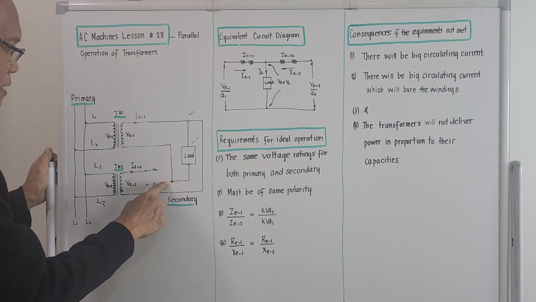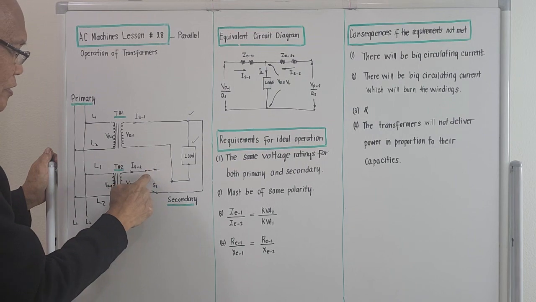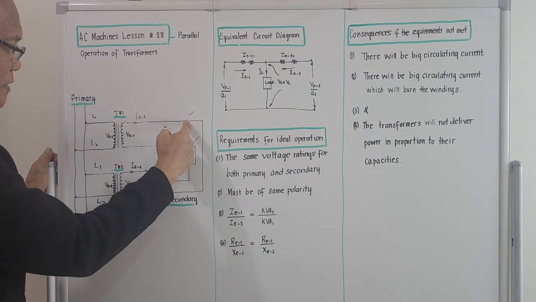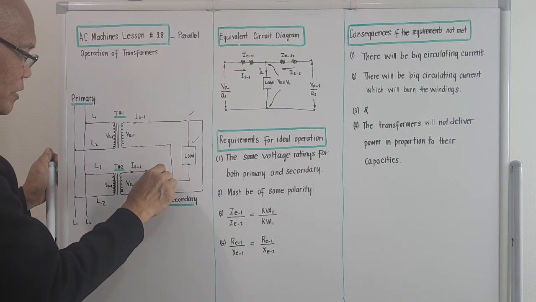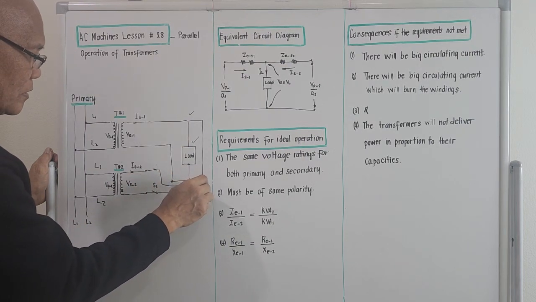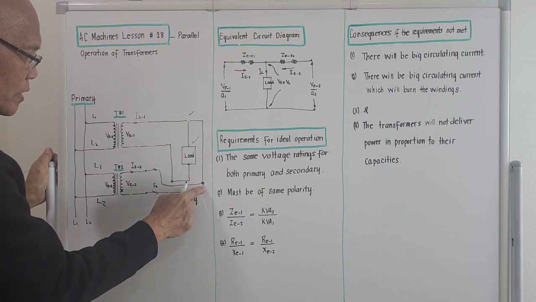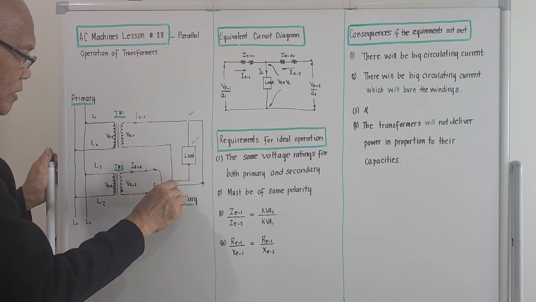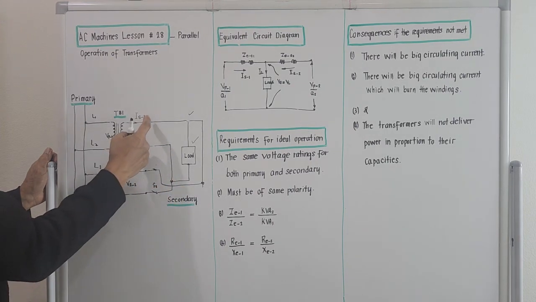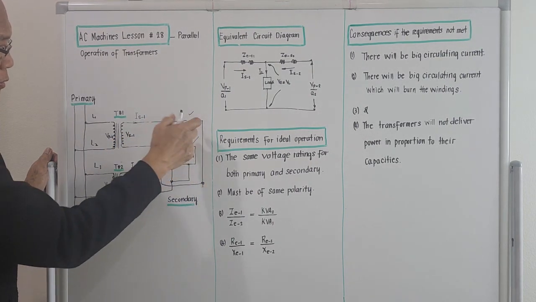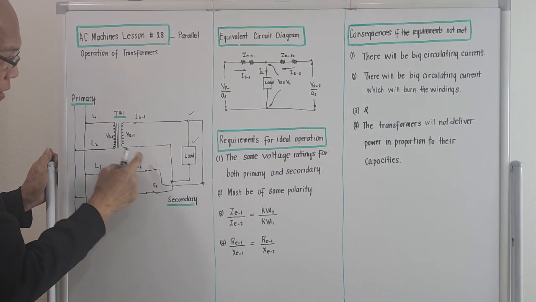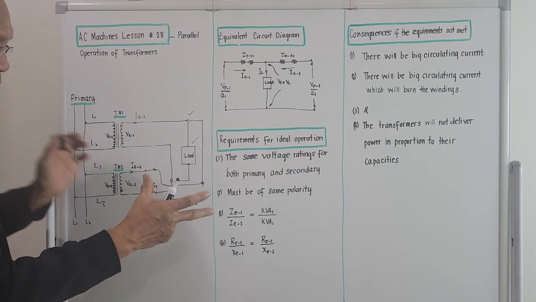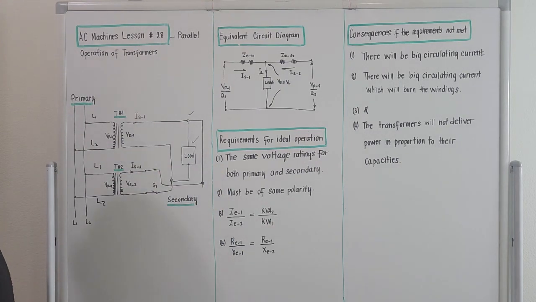They should go to the other side because this is the upper portion. This top portion goes with this, so this one should go here, and this one should go here. Upper should be connected to the same point, and lower should be connected to the same point. So we could say that they are connected in parallel.